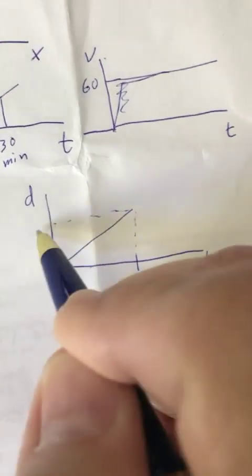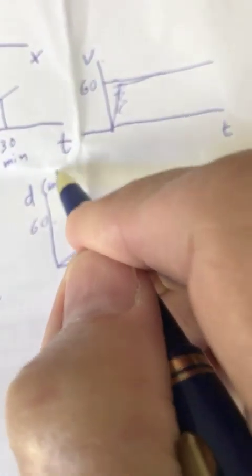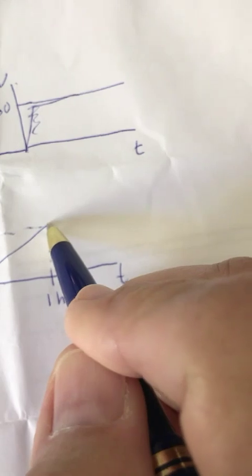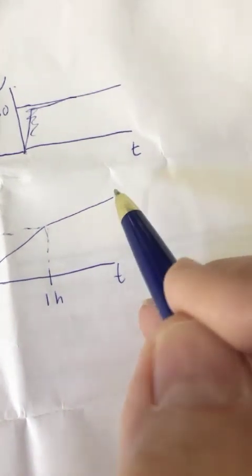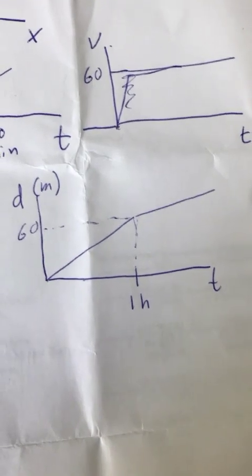So this over here is going to be 60 miles. D is in miles. And within an hour. But then he's going to slow down at that point. And so what does that look like? Well, it looks like a different speed.